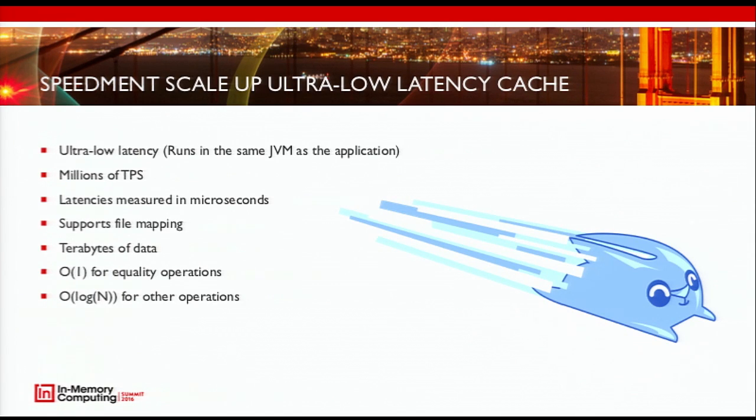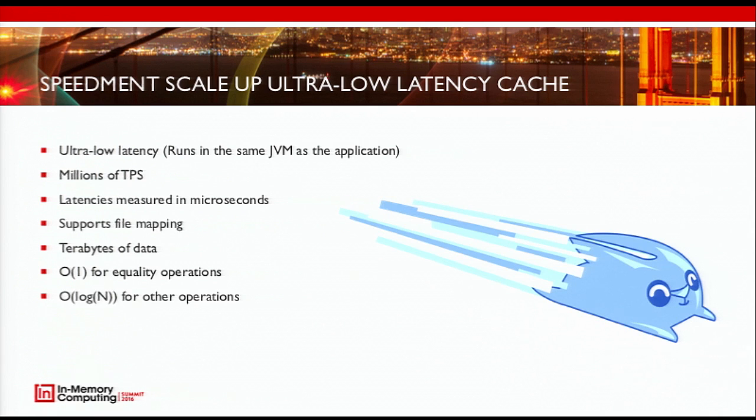So the scale-up solution is ultra-low latency, and we're talking about nanoseconds, maybe 200, or 1 microsecond or so. You can have latencies measured in microseconds, I would say. And millions of transactions, and it supports file mapping, terabytes of data, and it's order 1 for equality operations and order log n for other operations.